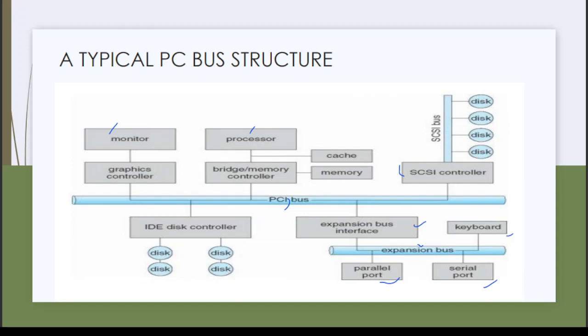The PCI bus has very few ports due to its high speed, and to keep its performance high we can't connect many ports to it, so we use the expansion bus to connect more devices. We have IDE disk controllers for controlling various disk drives like floppy drives, DVDs, CDs and hard disks.